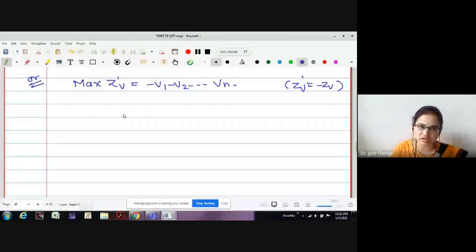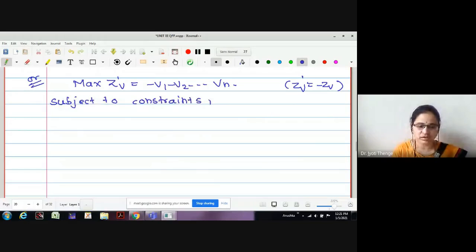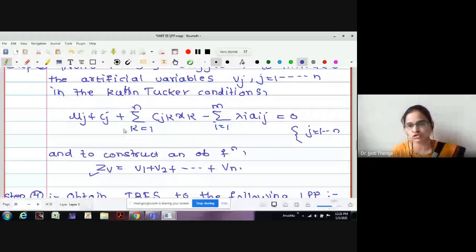Now, what are the constraints? Let us discuss, subject to the constraints. What is the first constraint? Whatever constraint equation we have written, this has a constant. Therefore, we will shift this constant to the right. We write the constraints of the linear programming problem with the constants on the right side.